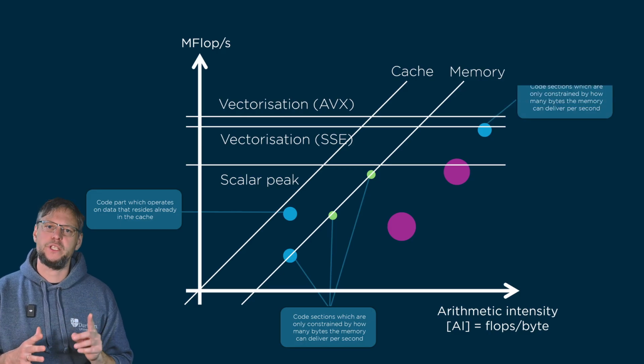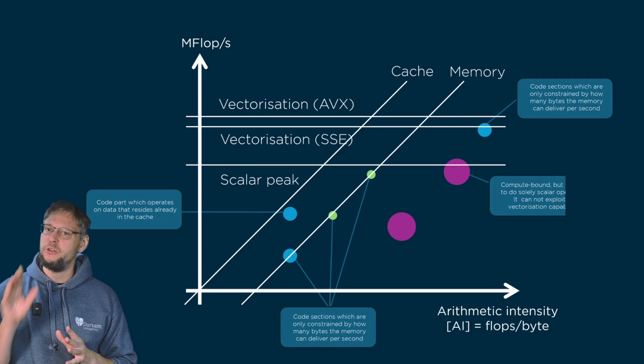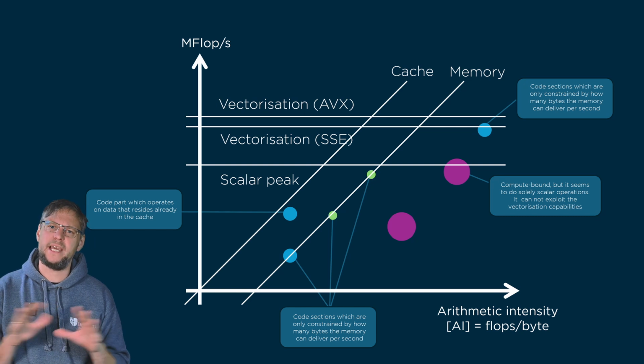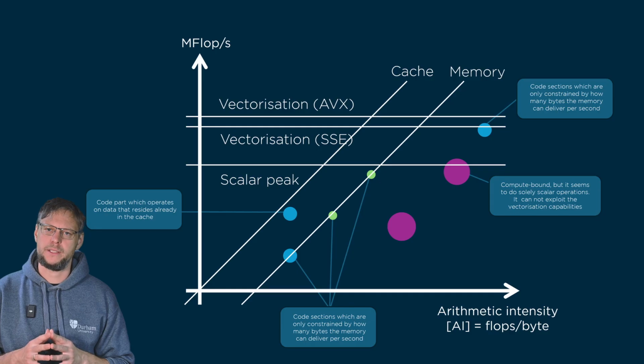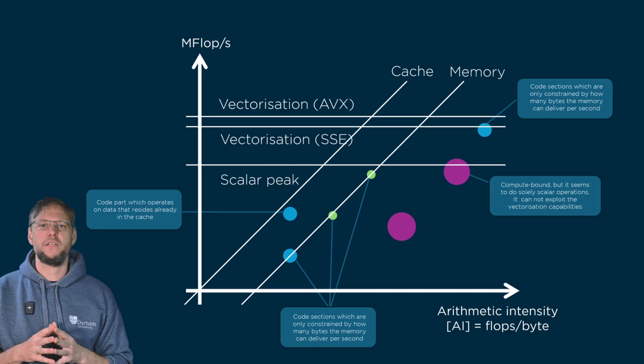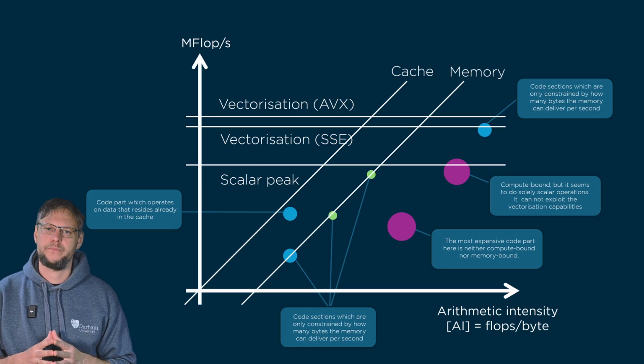Then we have 1 routine that seems to make good use of SSE vectorization. Another one seems to be compute bound, but it seems to do solely scalar operations, that is, cannot exploit the vectorization capabilities. The most expensive code part here is neither compute bound nor memory bound.